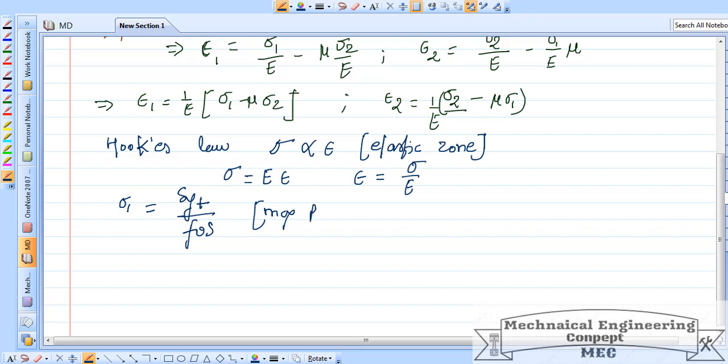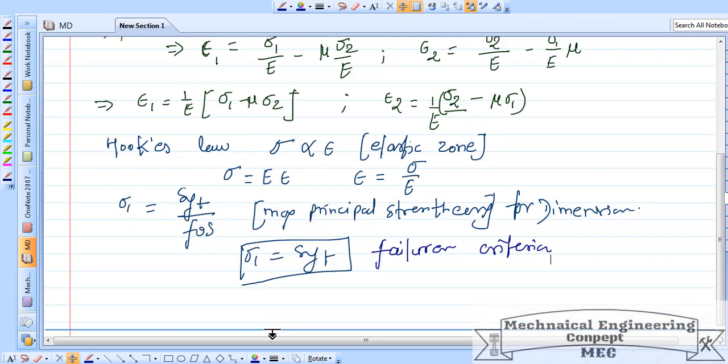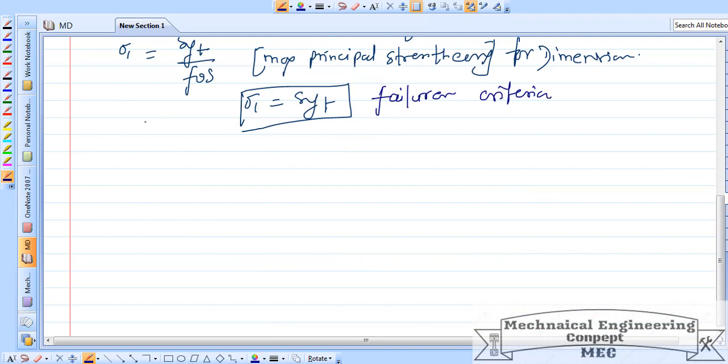the maximum principal stress theory or Rankine theory, for dimension calculation, sigma 1 is equal to SYT by FOS. This is the equation we already discussed. Or we can say that sigma 1 is equal to SYT for understanding the failure criteria. So sigma 1 is SYT by FOS.